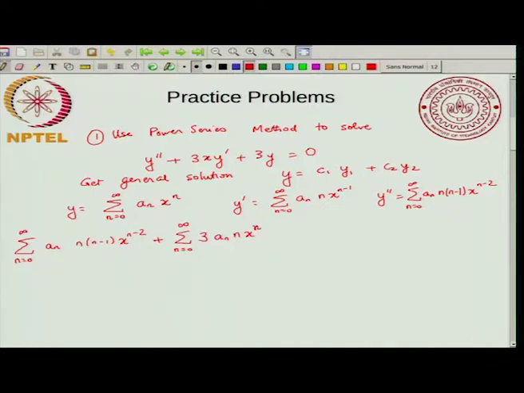And then plus sum over n equal to 0 to infinity 3 a n x raised to n, that is for y, equal to 0. Now, if you want, you can look at the x raised to 0 term.